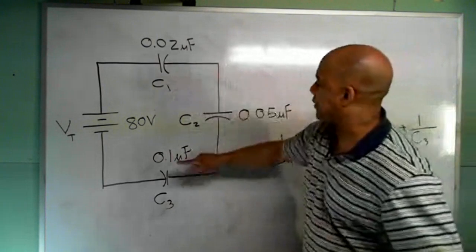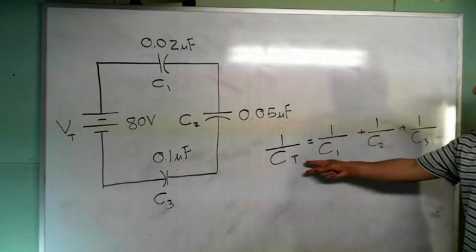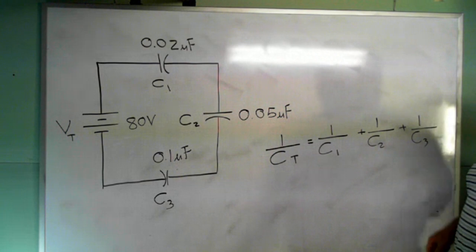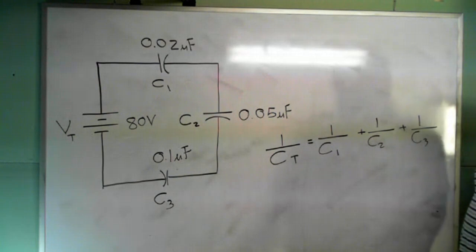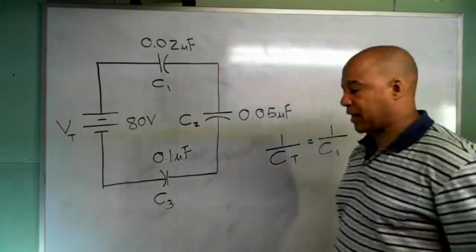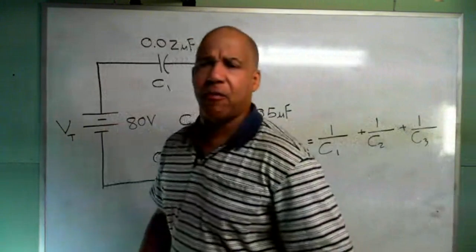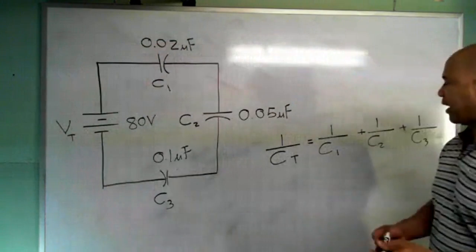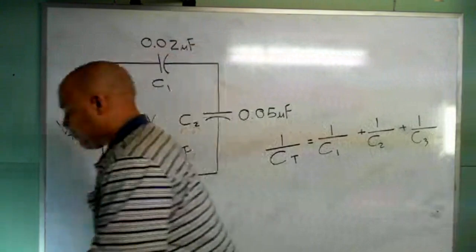Capacitors in series act like resistors in parallel, and this is like the formula I gave you for parallel resistors. So you've got to put the numbers in here and solve that for CT. Now, I don't have a calculator, so take out your calculators. You're going to have to help me calculate, but I'll put the numbers in.